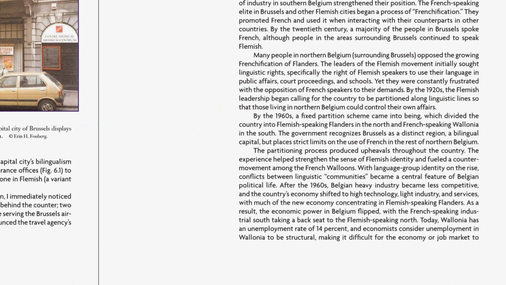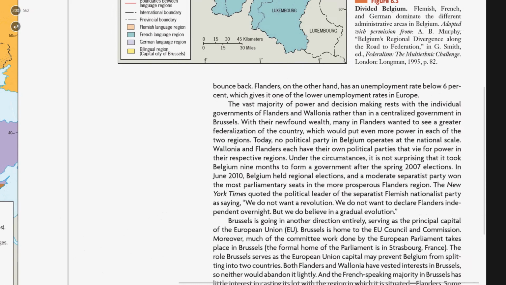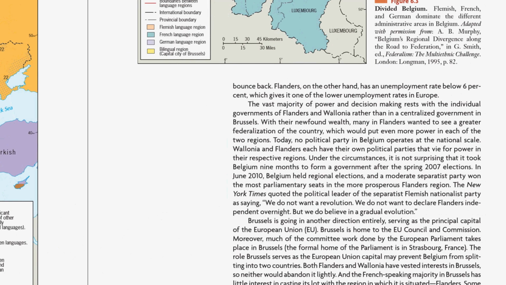So it goes on to say Wallonia has a 14% unemployment rate, and that, in fact, Flanders has a less than 6% unemployment rate, again showing how prosperous it is in comparison to Wallonia, which causes not just linguistic, but political and economic problems.